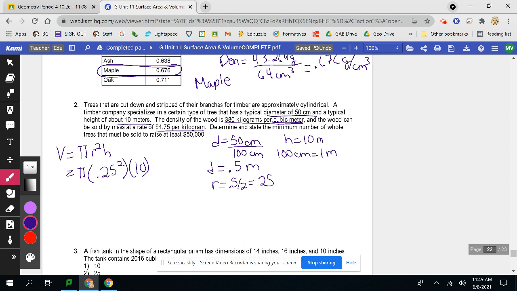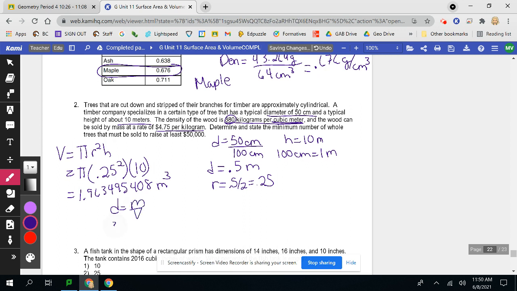So we do that on our calculator, which gives us 1.963495408 cubic meters. Now our density is 380, and we need to figure out how many kilograms we have. So our density equals mass divided by volume.